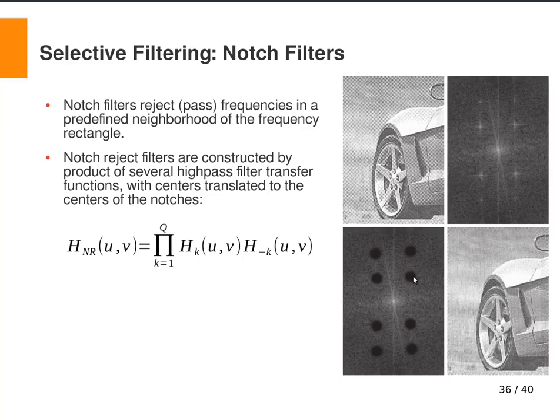If we use 8 notch filters to remove these impulses and then reconstruct the image, we have an image that doesn't have any of those sine and cosine, or grid-like, interference patterns in the reconstruction.